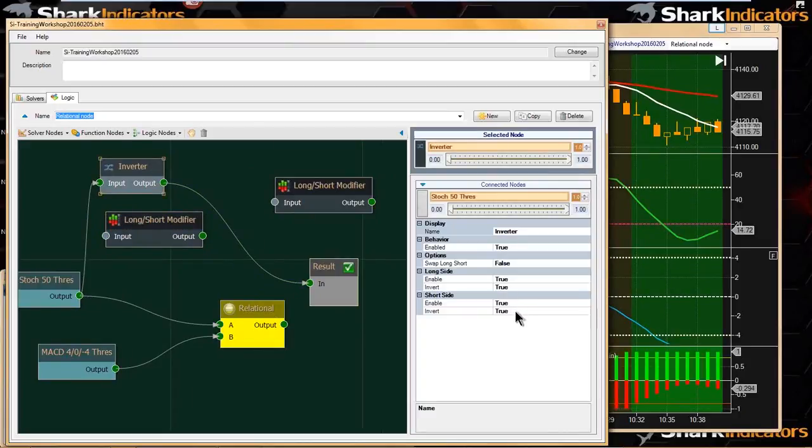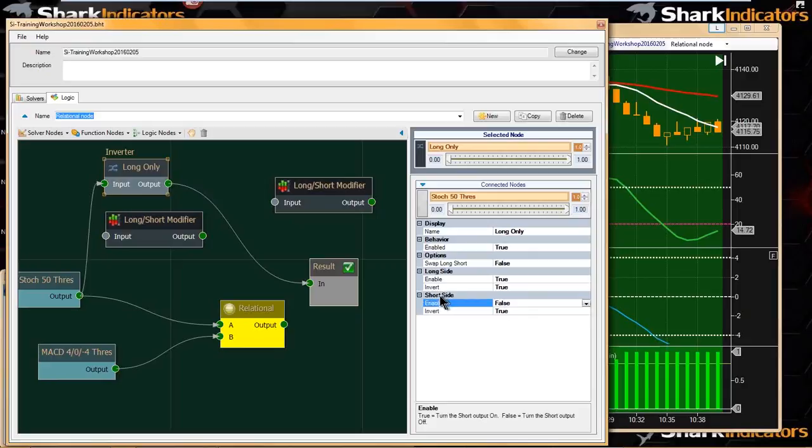All right, let me get this set up. Okay, I've got this solver set up so that it's only allowing long signals through. You can see I took the short side and turned the short side off.